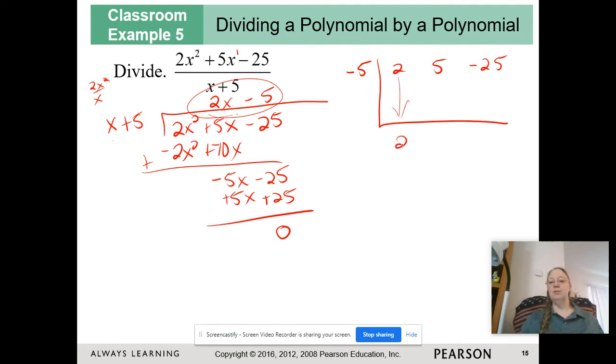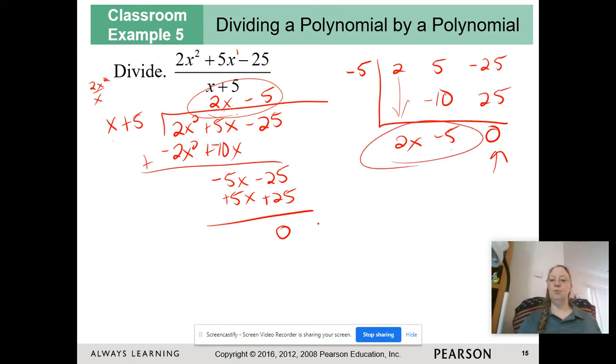First number drops, and then we multiply, and then we add, and then we multiply, and then we add: remainder, constant, x, 2x minus 5. So we get the same answer either way we do it.